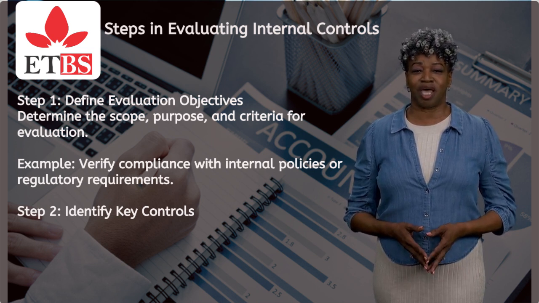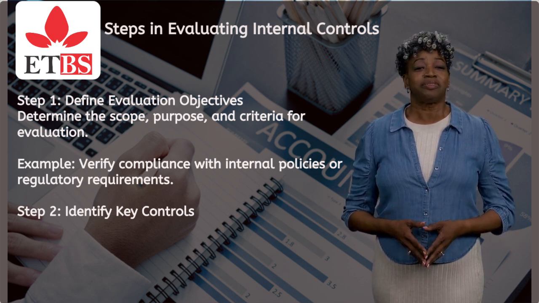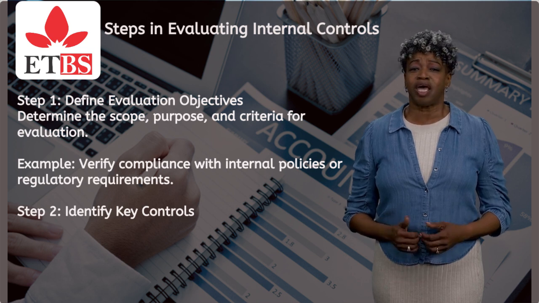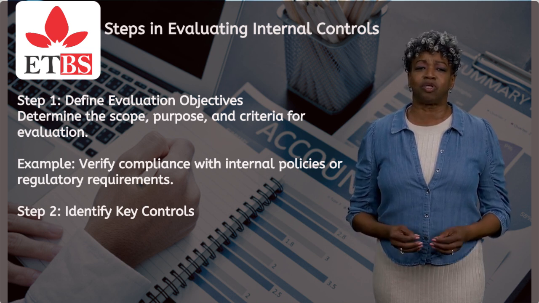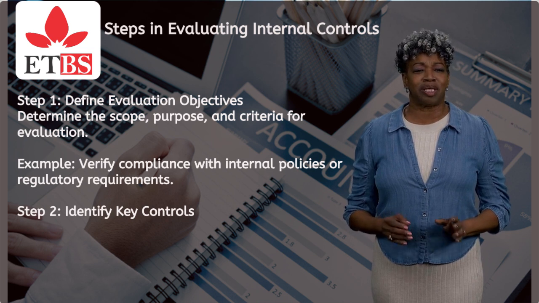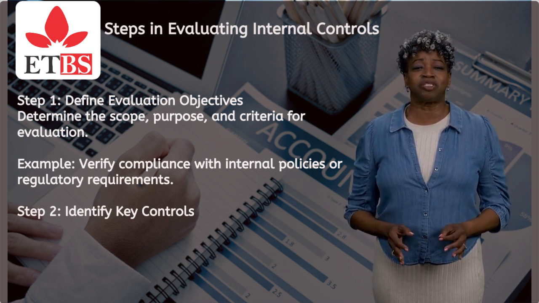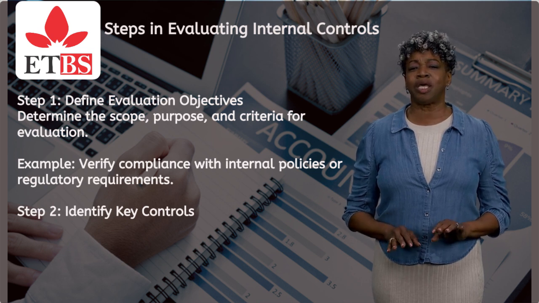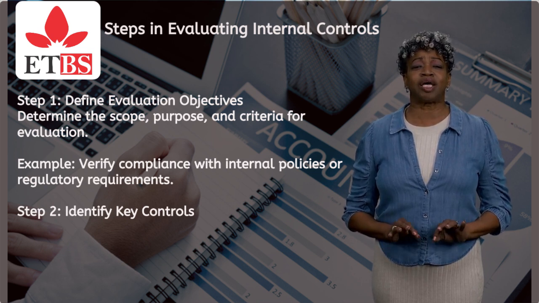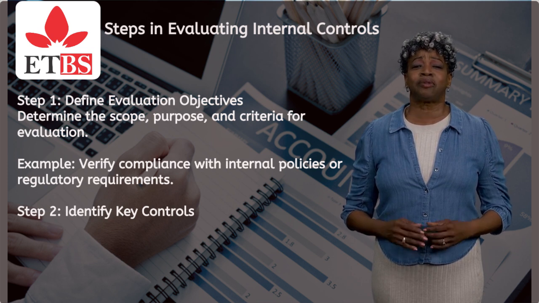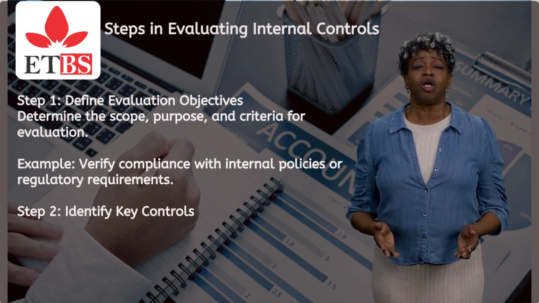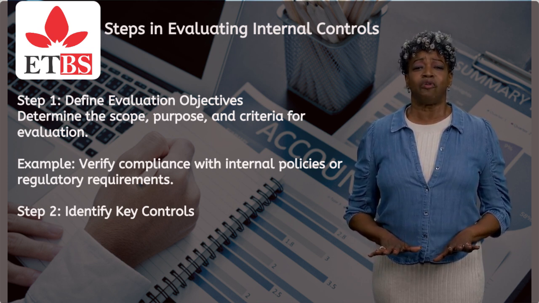Focus on critical financial and operational processes. Examples: cash management, procurement, inventory, payroll, IT access, reporting. Step 3. Gather evidence. Use inspection, observation, inquiry, confirmation, and analytical review. Examine supporting documents, system logs, reconciliations, and reports.